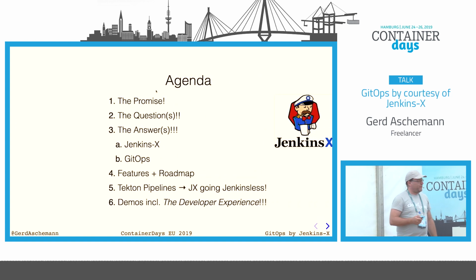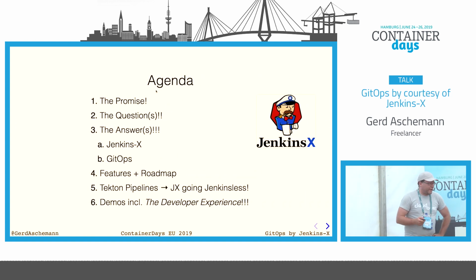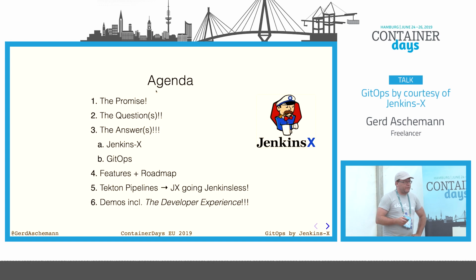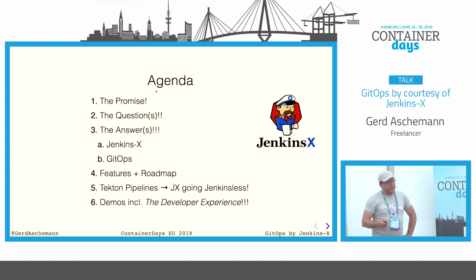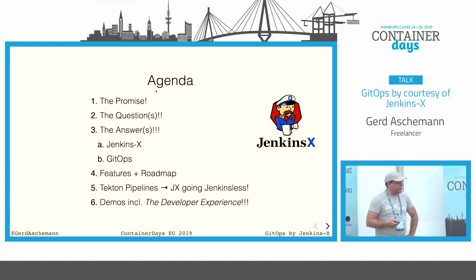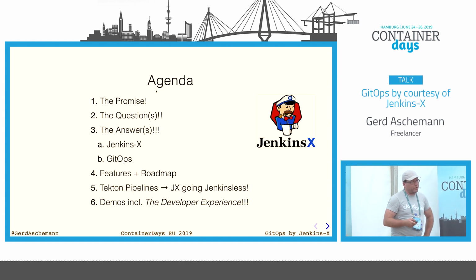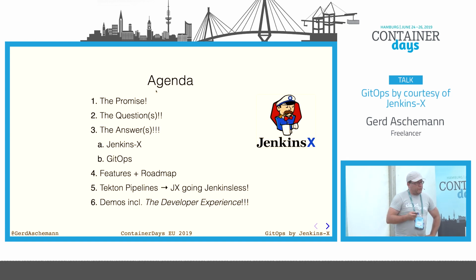So let's see. About Jenkins-X, I will give you a small promise and then ask some questions about what the promise means or what is behind it. And of course, I will also give some answers to those questions. Then I will split the talk into 2 parts. The first is about Jenkins-X more in general, how it works and what it does. And then about GitOps as a methodology, which is implemented by Jenkins-X. Of course, you can implement GitOps with other technologies. My current customer is using plain GitLab CI to implement GitOps.